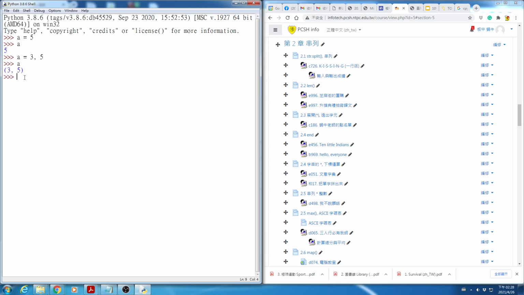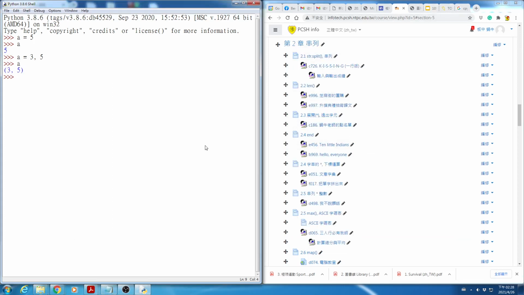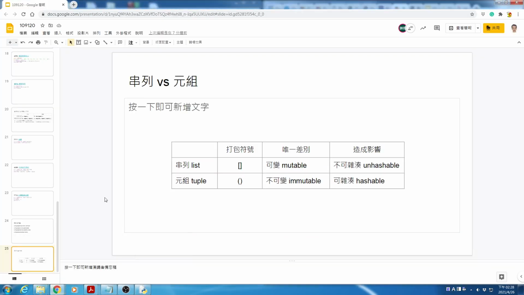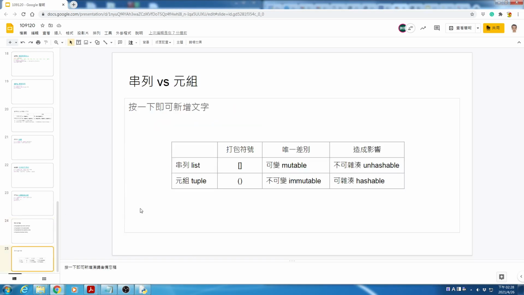We call this special structure a tuple. All right? We call it a tuple. What kind of structure is a tuple?